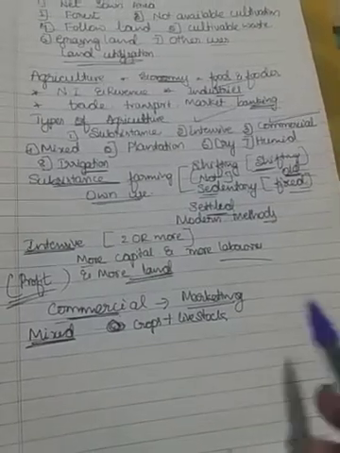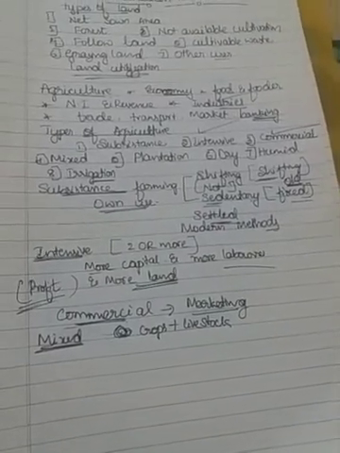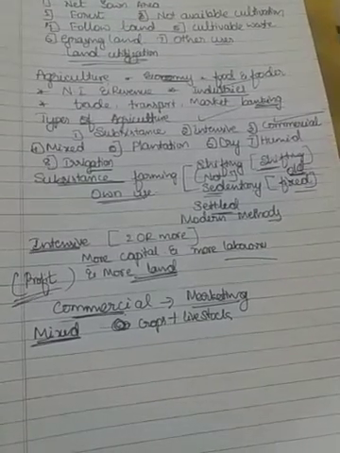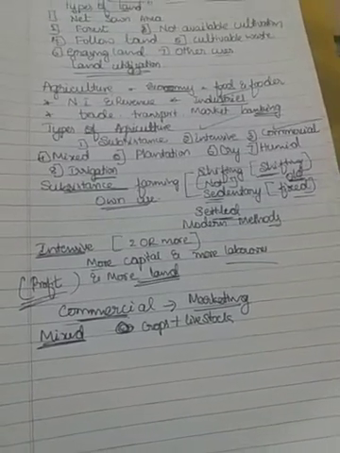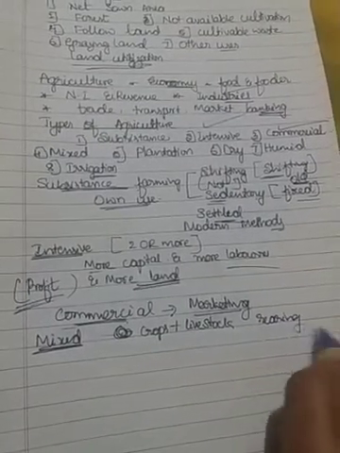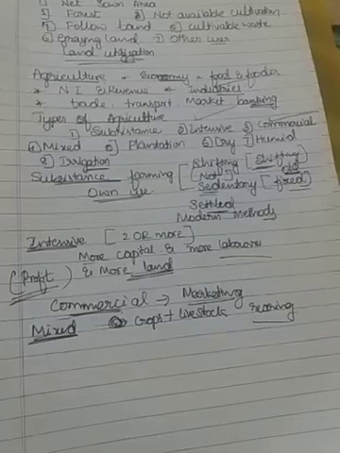So along with crop growing, that is called mixed farming. The cultivation of crops along with livestock rearing, that is very important. Rearing means sakanike. That is called mixed farming.